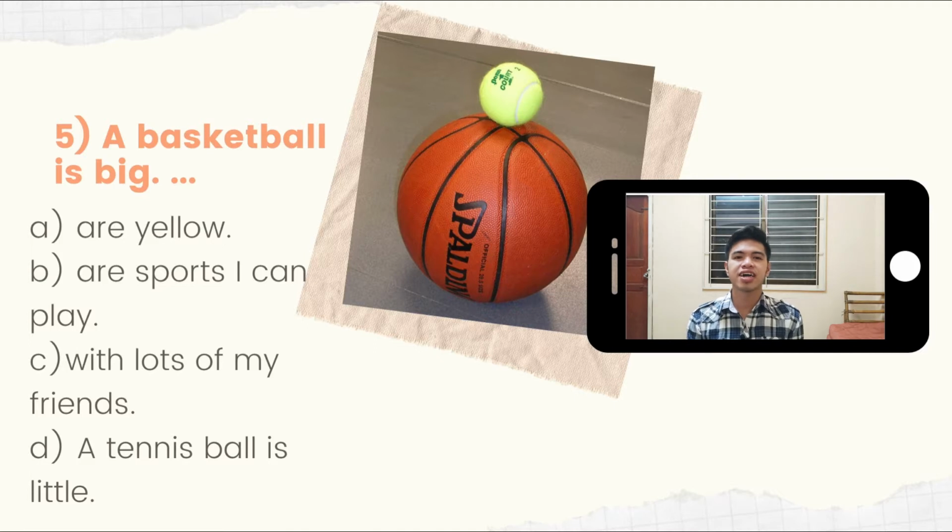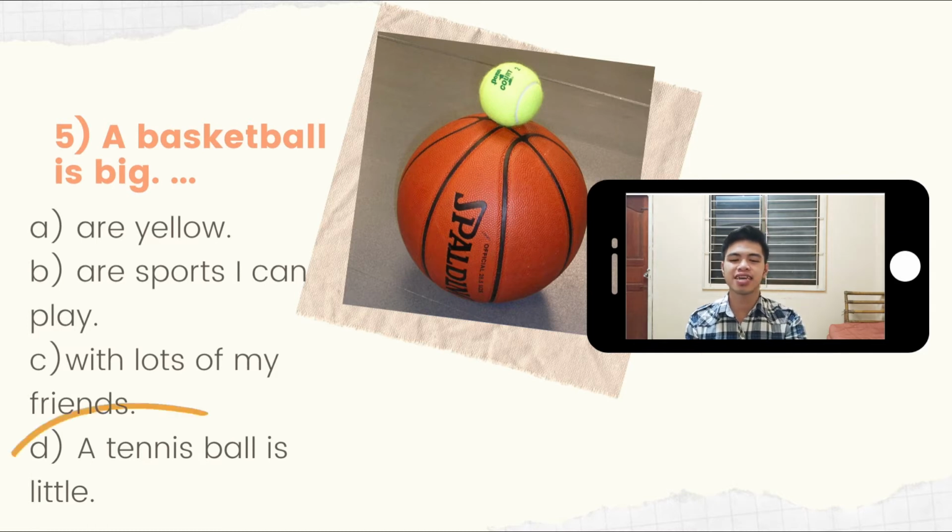For the number 5, we have: a basketball is big and blank. So what do you think is the best part that will complete this sentence? Is it A, are yellow, B, are sports I can play, C, with lots of my friends, or D, a tennis ball is little?